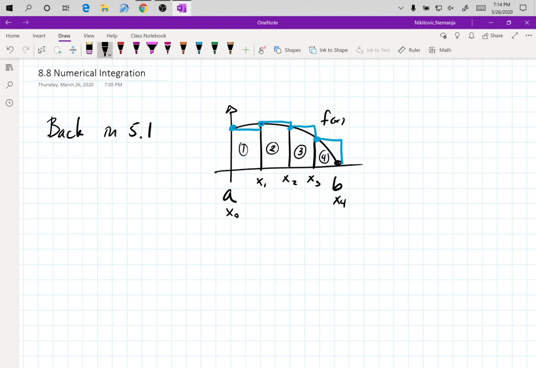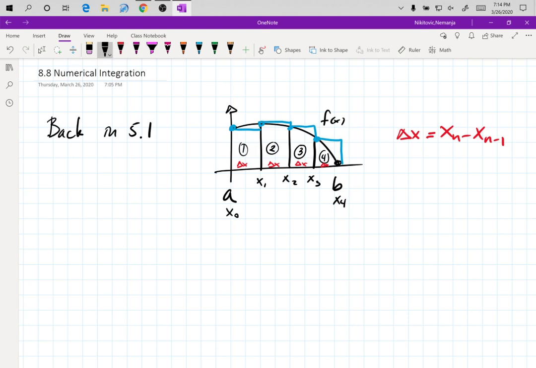And we learned, and that's very important, delta x lengths in each one of these. So your delta x was always x n minus x n minus 1, two consecutive ones, and when you subtract them, you get delta x.